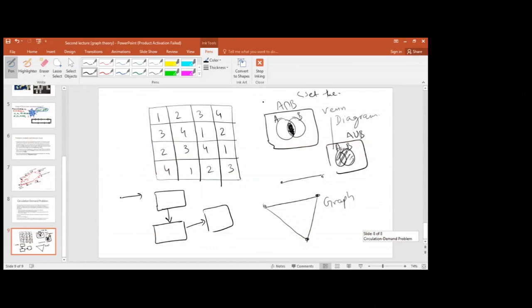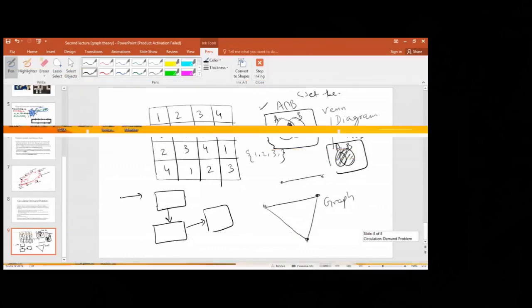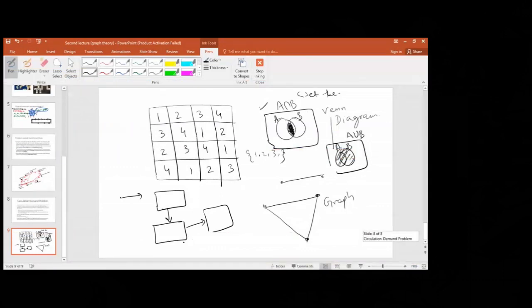In a Venn diagram, we deal with sets, for example a set of numbers, a set of fruits, a set of vegetables, etc. The representation is slightly different, but overall we can relate them: graph theory, Venn diagrams, flow charts, etc.